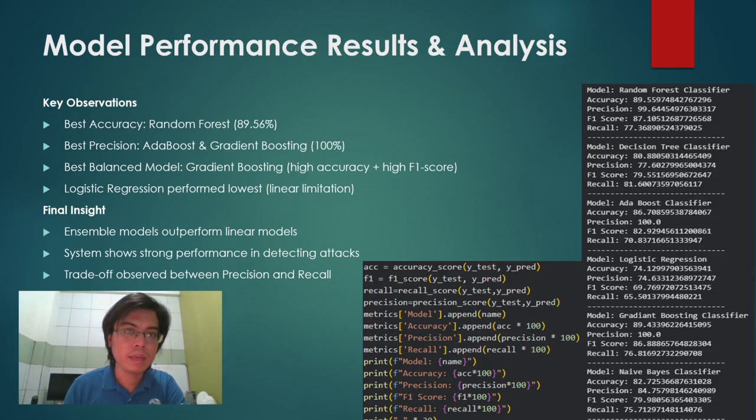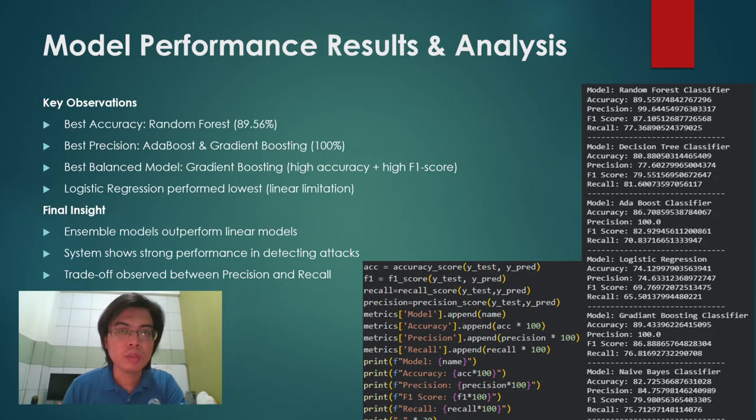Decision tree and naive Bayes performed moderately, while logistic regression had the lowest performance because it is a linear model and cannot fully capture complex patterns in cybersecurity data. So overall, we can conclude that ensemble models like random forest and gradient boosting perform better because they handle nonlinear relationships in the dataset more effectively.